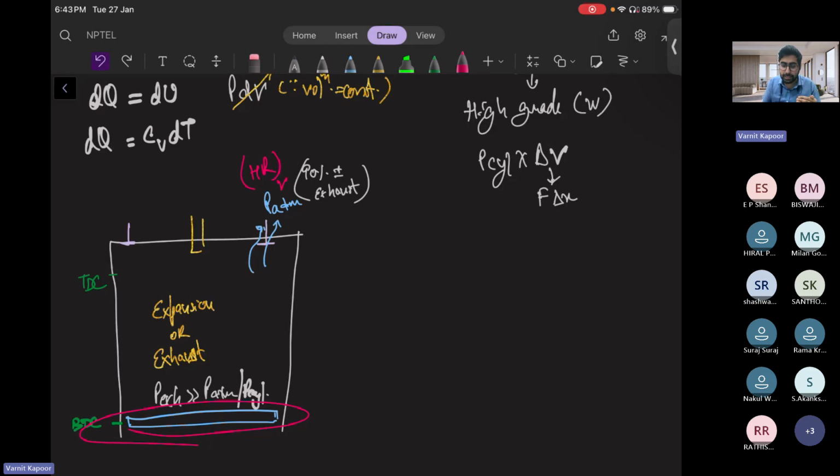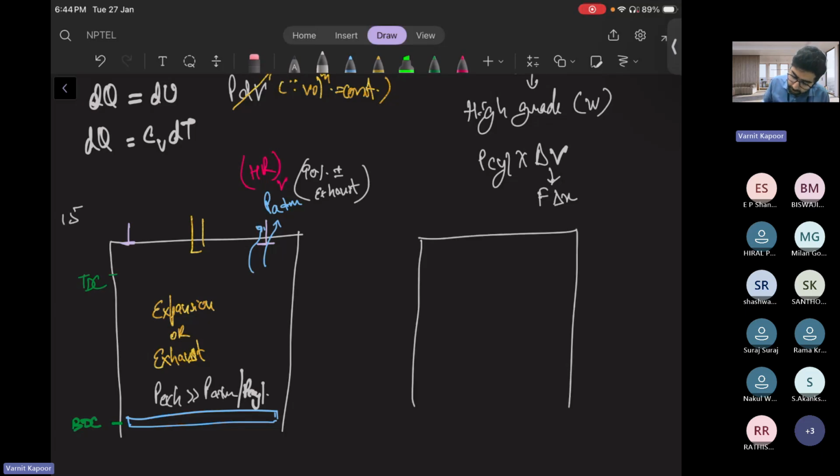At that instant, when the piston was at BDC, the volume of the cylinder was constant. That is why I'm saying that heat is rejected at constant volume. And the remaining 10% are there. So this was the fifth, this was the sixth. My piston has now moved again to top dead center from bottom dead center.